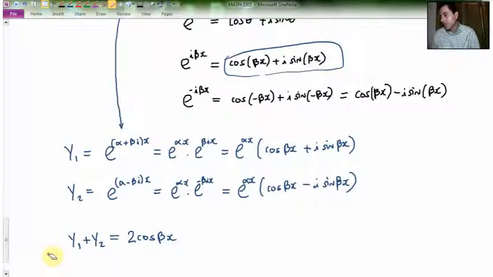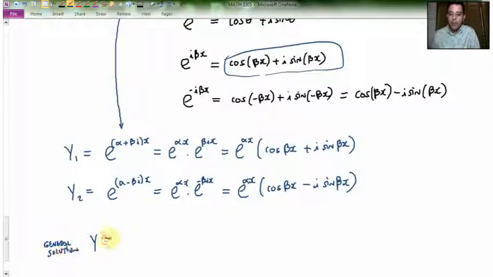Let's do it this way. Maybe I should follow the same thing as the book here, the general solution. So it'll be a constant times the first one plus a constant times the second one.